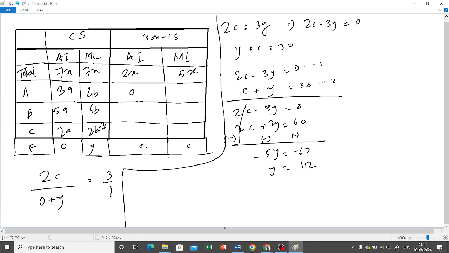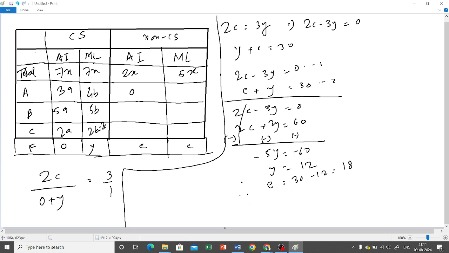So y is coming as 12, right? Okay. Therefore C is 30 minus 12, that is 18. Now what is this y?